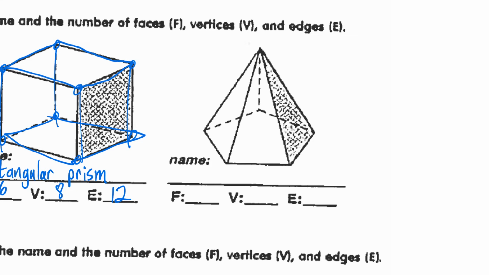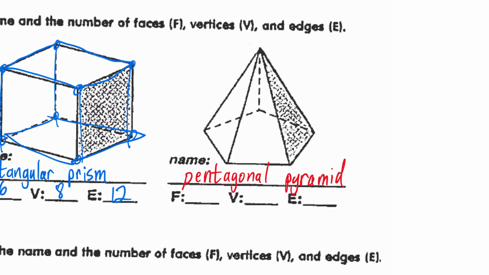All right, what is this one? One of those words. Whoa, pentagonal pyramid. How many faces does it have? It's got how many? 6.